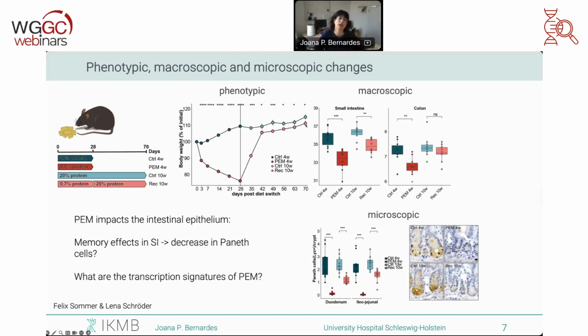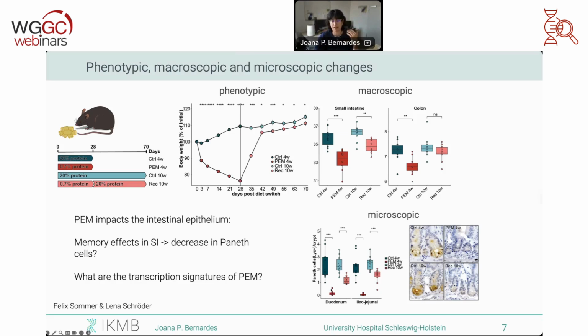So there's always kind of a decrease in the body weight compared to the control. Microscopically, so in the intestine, we also know that, for example, the length of the small intestine is decreased, as well as the colon, but only in the acute phase. And microscopically, what we have identified is that Paneth cells, which are kind of the defense cells of our intestinal epithelium, seem to be depleted in the acute phase.